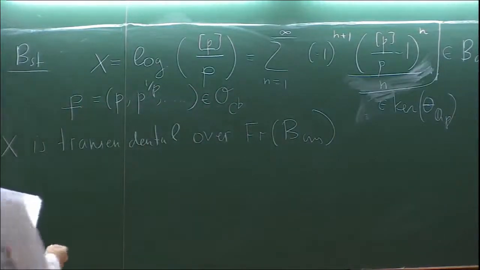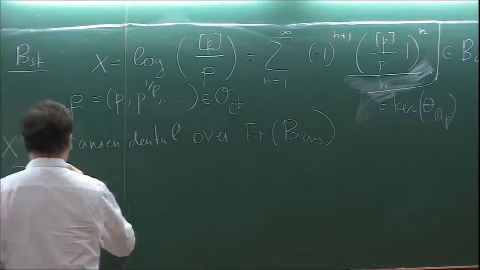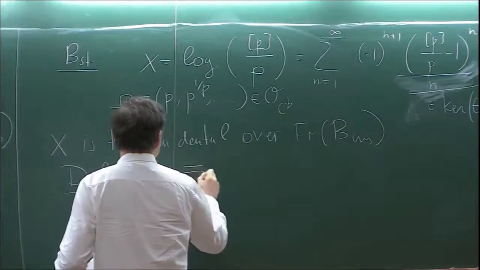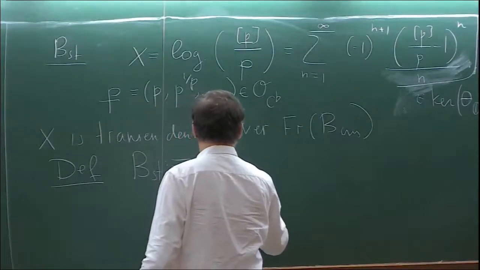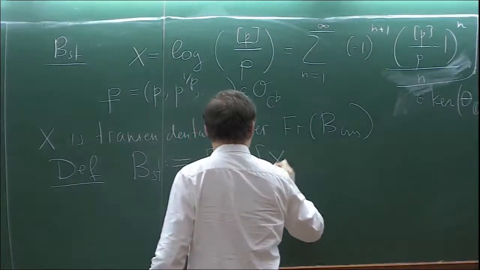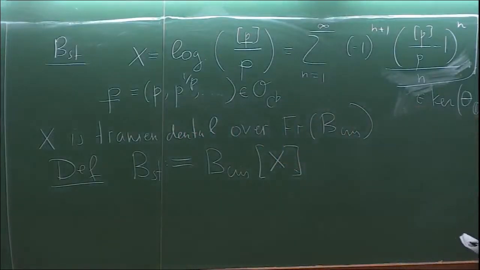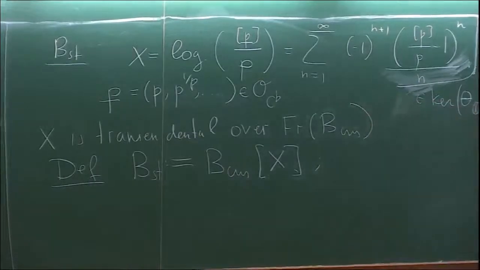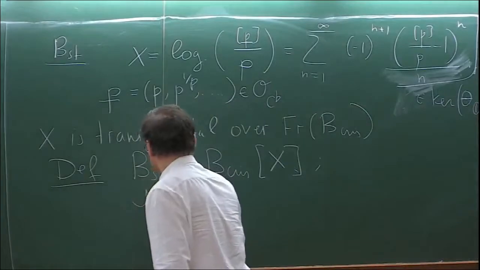And the ring of semi-stable periods is defined formally by adding x to B_crys. And we keep this ring with Frobenius.